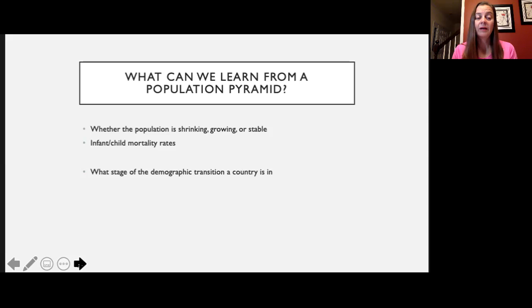By comparing those first bars, we can tell something about the infant mortality rates of a country. And as we're going to learn in tomorrow's lesson, we can learn about demographic transitions. And by looking at the population pyramids, we can determine what stage of the demographic transition a country is in.